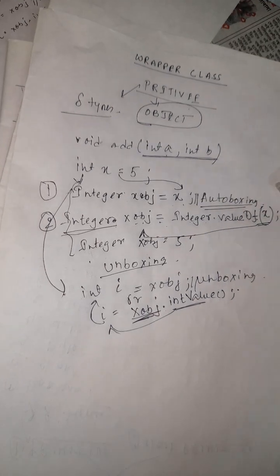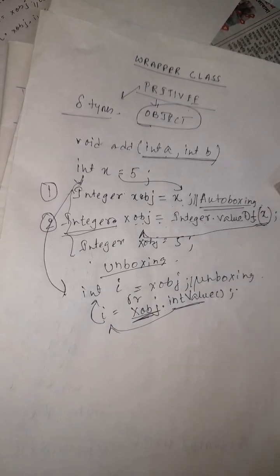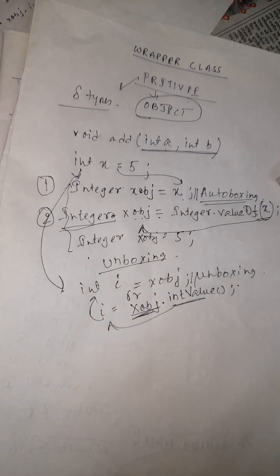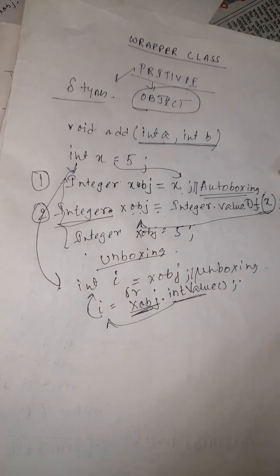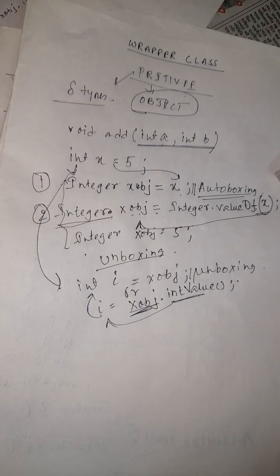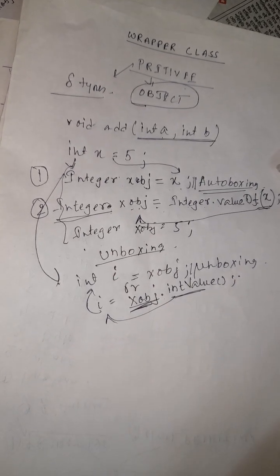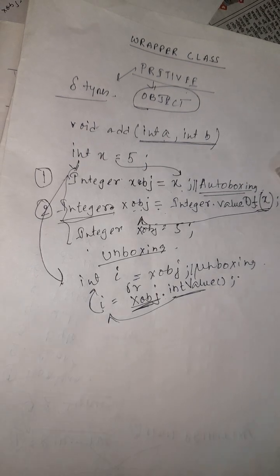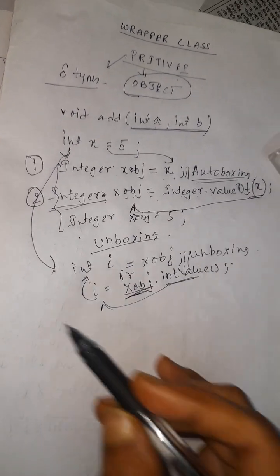Clear? What is autoboxing and what is unboxing? Autoboxing means if you want to convert a normal variable to a wrapper class object, then you follow autoboxing. And unboxing is just the reverse of autoboxing: if you want to convert the object of the wrapper class to the normal primitive data type, then we follow unboxing.